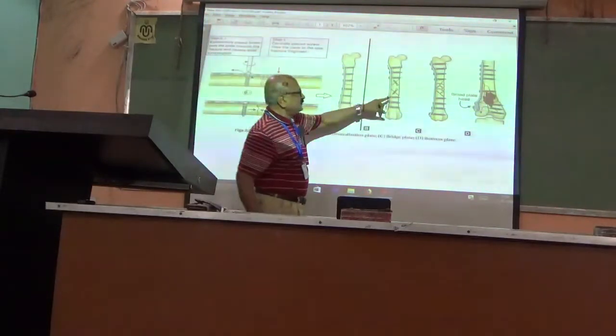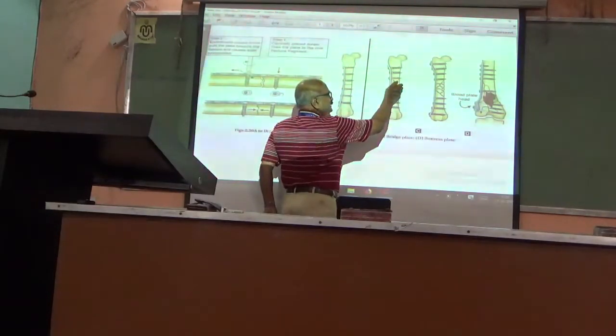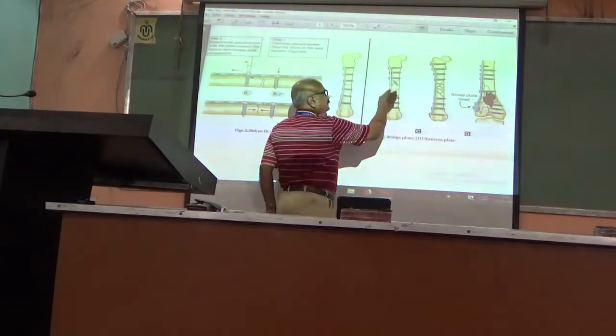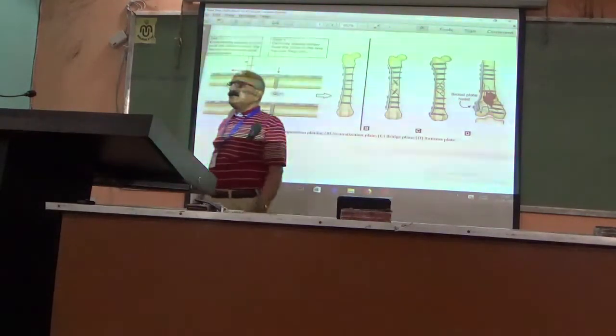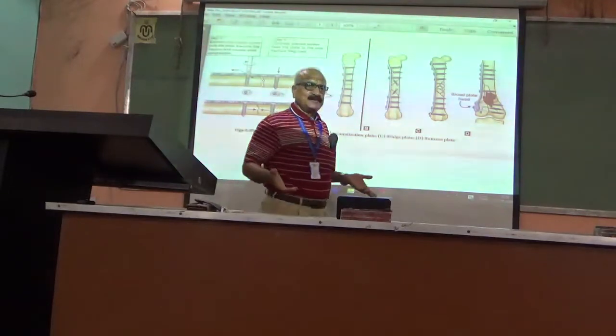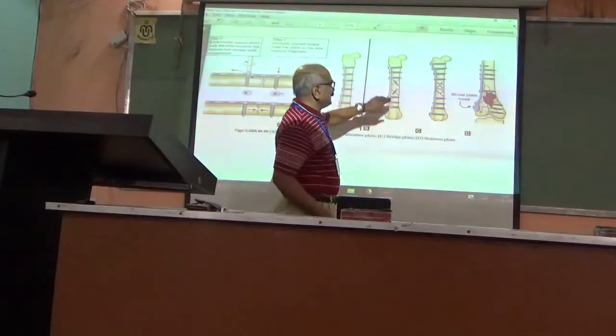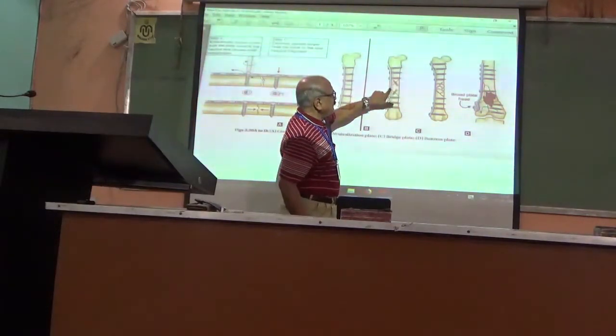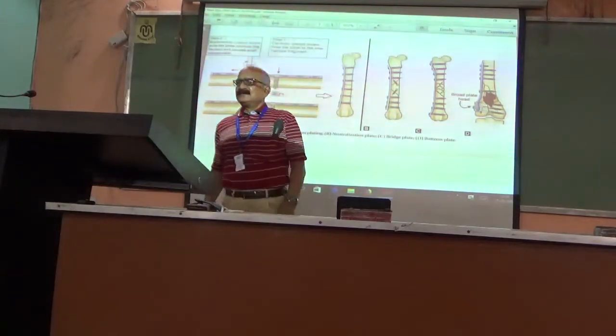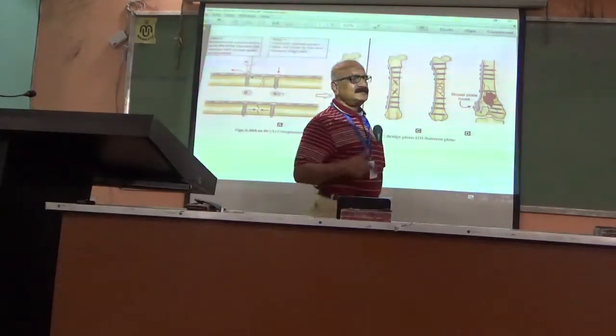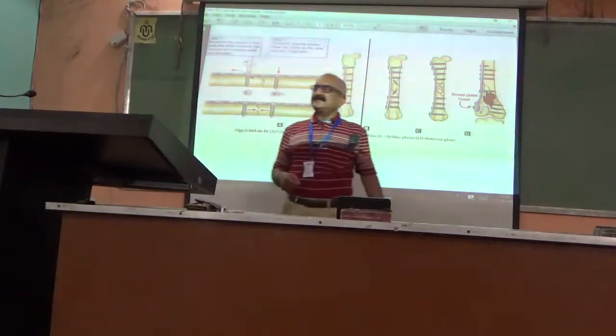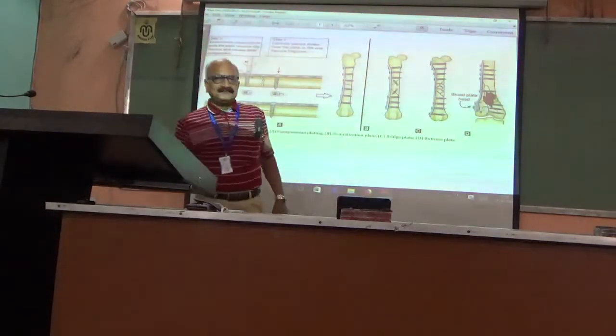This type of third piece, V-shaped structure, is known as butterfly segment. क्योंकि बटरफ्लाई को इसको ऐसे कर दो तो ये बटरफ्लाई की तरह दिखता है. This type of third piece at the fracture site is known as butterfly segment.